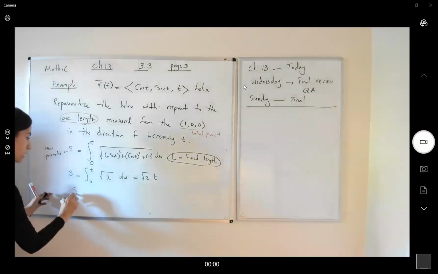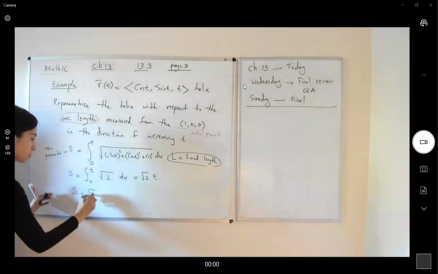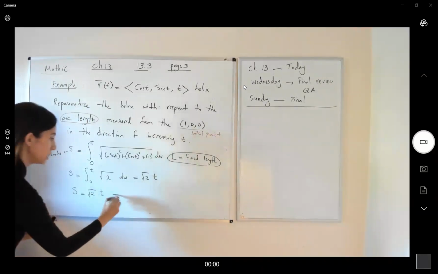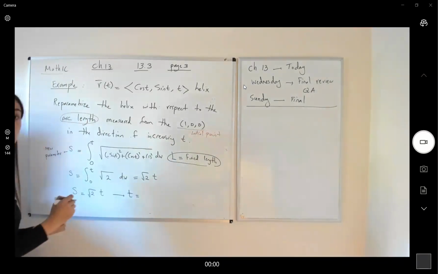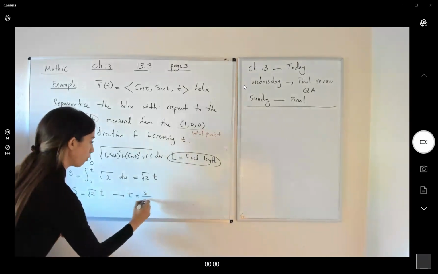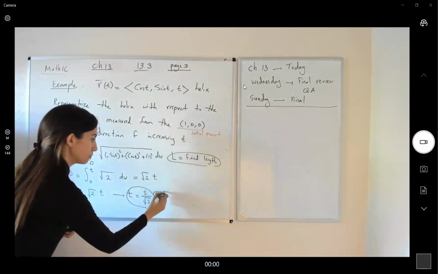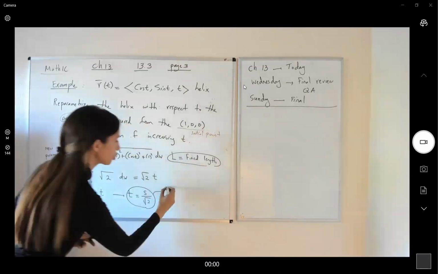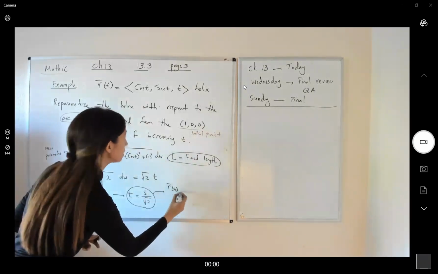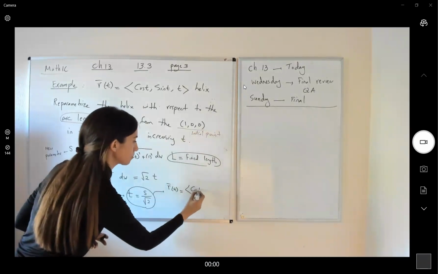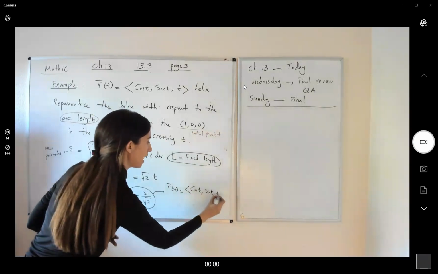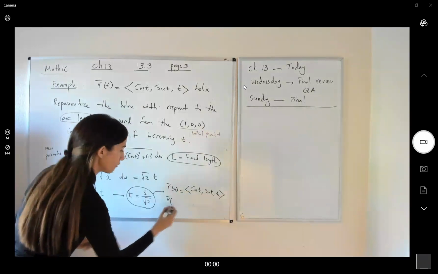So this new variable is square root of 2t. It means that your t can be replaced by s over square root of 2. So your function r(t), which is cosine t, sine t, and t, is now a function of s.